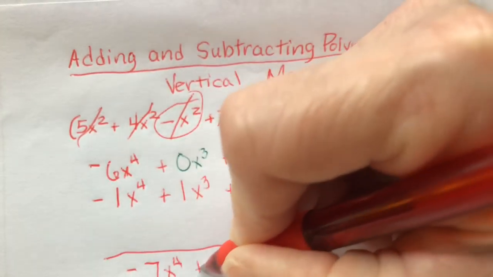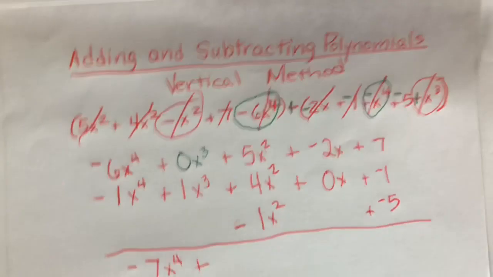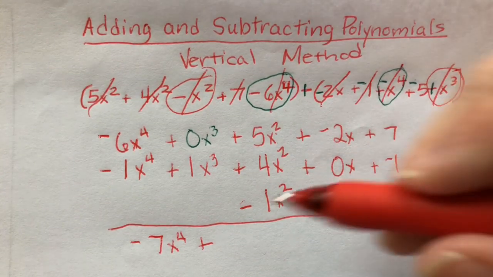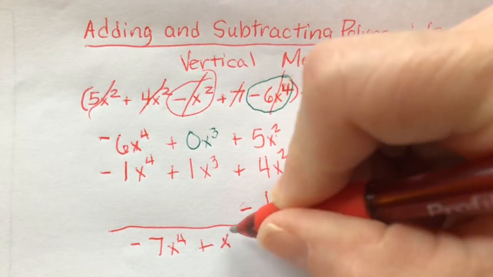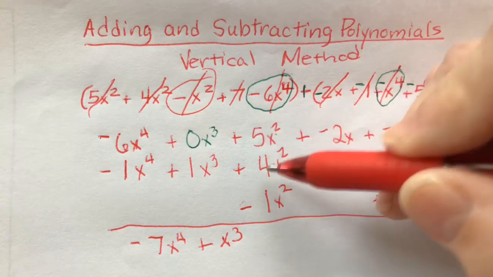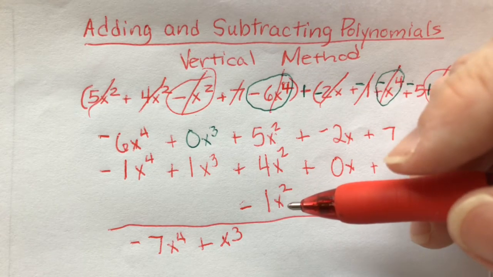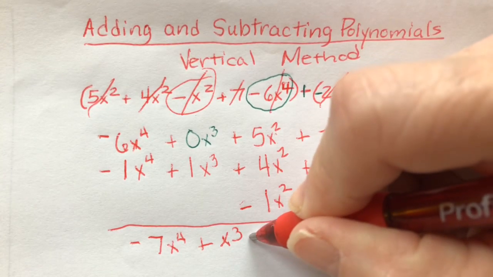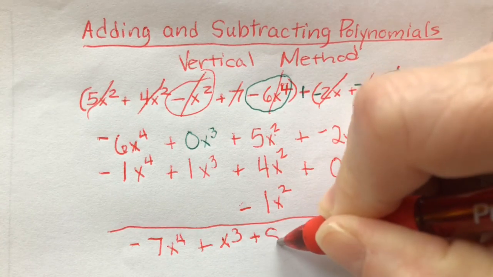This is negative 7x to the fourth, plus, I don't write the 1 here, I just leave it as x cubed, plus x cubed. 5 plus 4 minus 1, that would give me 8x squared.